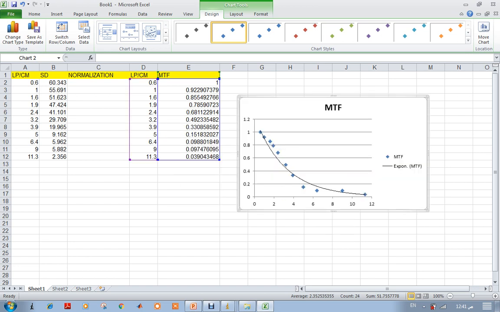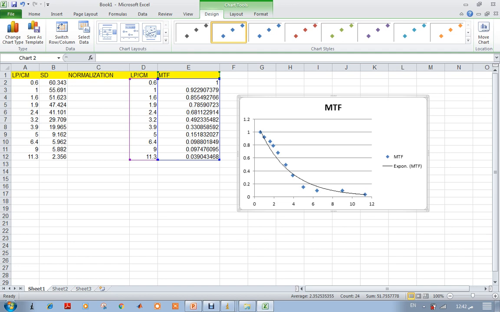Now you can calculate the MTF value, modulation transfer function, manually. Now I can get the line pairs per centimeter at a given MTF value for my machine, to check if the machine has the ability to differentiate between two nearest points.